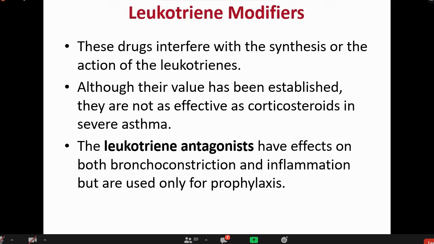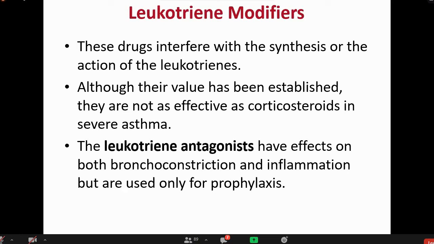In some books, you will find that leukotriene modifiers have dual activity. Dual activity means it not only produces anti-inflammatory activity, but also has the ability to relax the bronchial smooth muscle. That is why this group is labeled as showing dual activity, right?